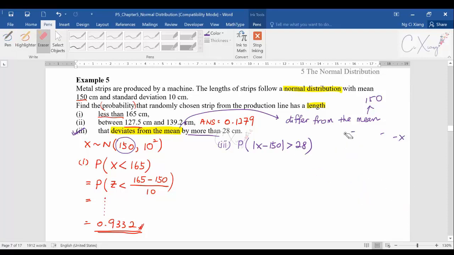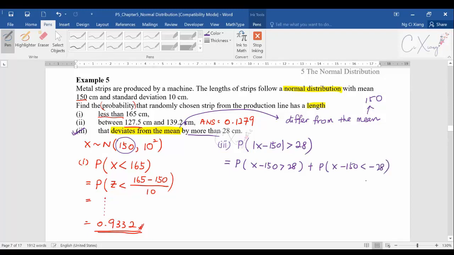Okay, so let's continue. Modulus greater than means that I want to find out the value by the sign, which means if I expand it, it will become X minus 150 greater than 28, plus X minus 150 smaller than negative 28.